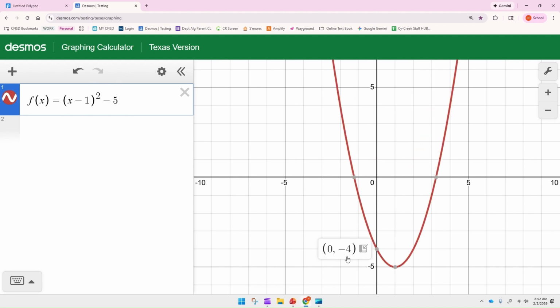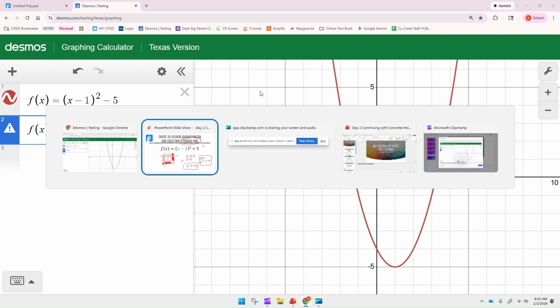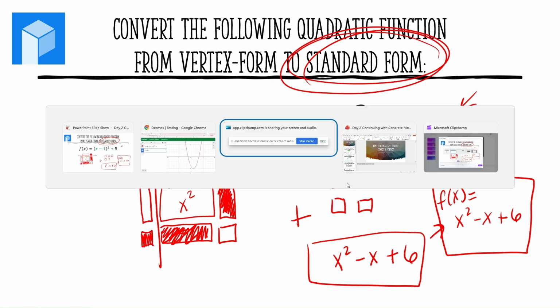That gives us our quadratic polynomial with my vertex at positive 1, negative 5. Now I'm going to do our new function. I'm still going to do f of x equals x squared minus x plus 6.